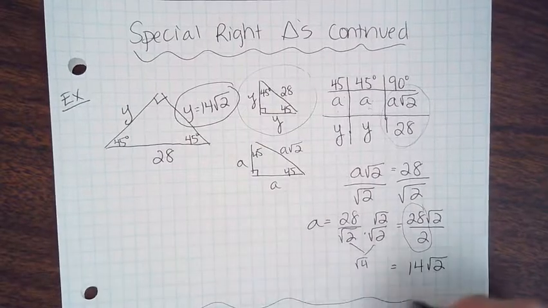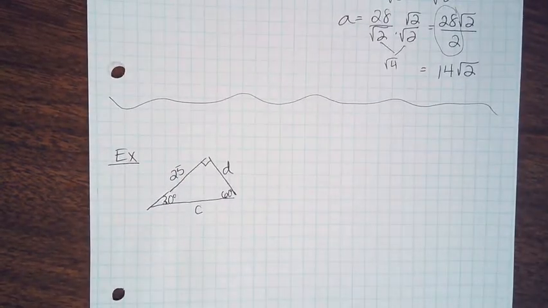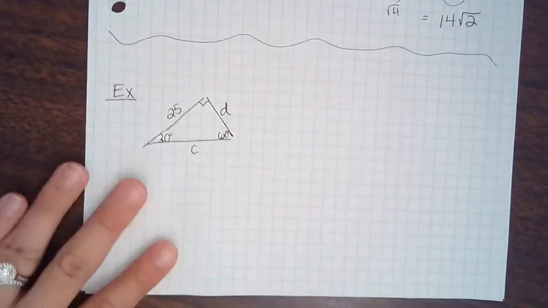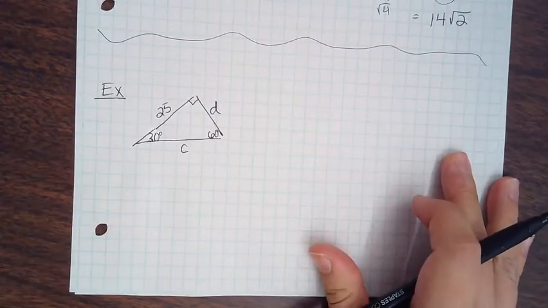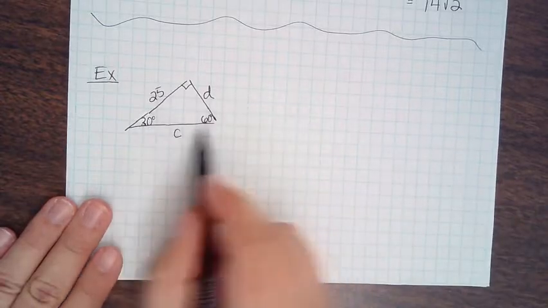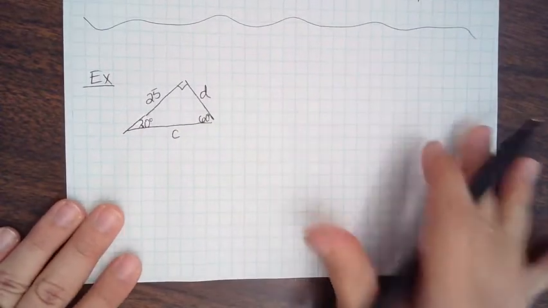Okay, so there's one problem. And we're going to do something very similar for our second problem. This one's just a 30, 60, 90 triangle. If I look at this triangle, it is set up very oddly. I'm having a hard time seeing this.